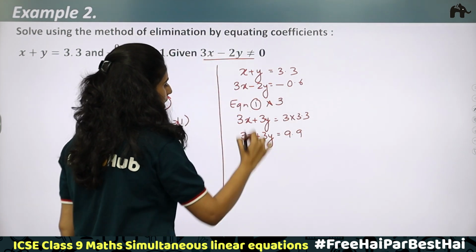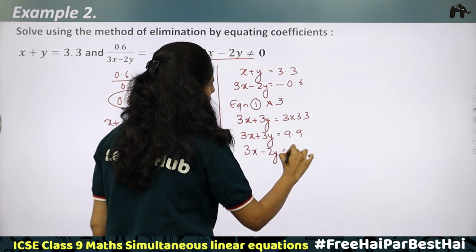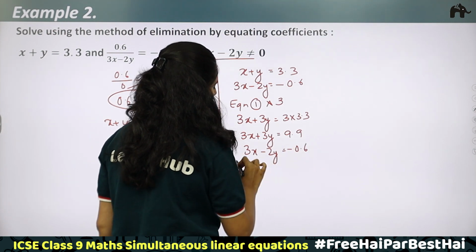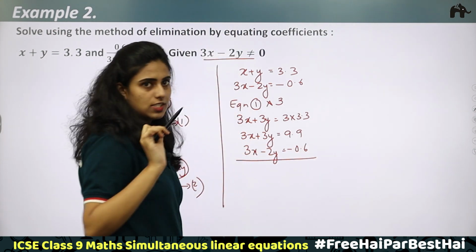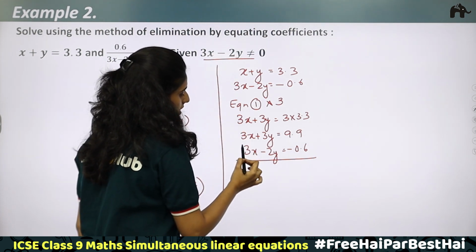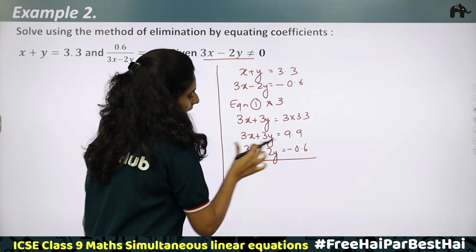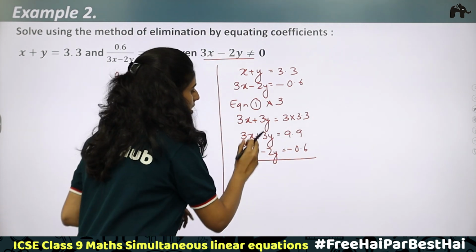Now the second equation, 3x minus 2y is equal to minus 0.6. So here the x containing terms, when you check, you can see that the first term is positive and even in the second equation the x containing term is positive. So we are going to subtract.